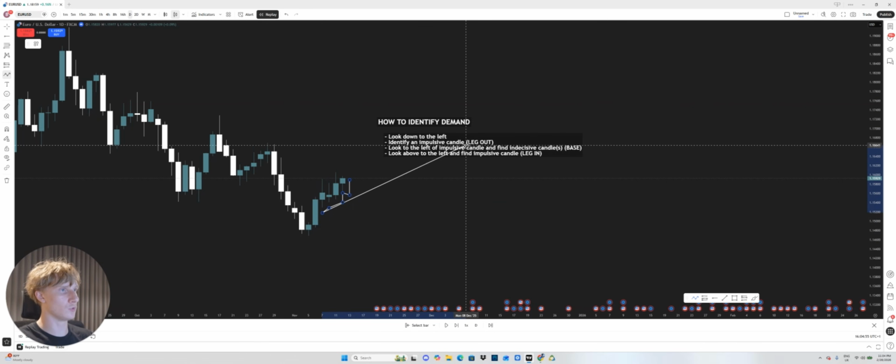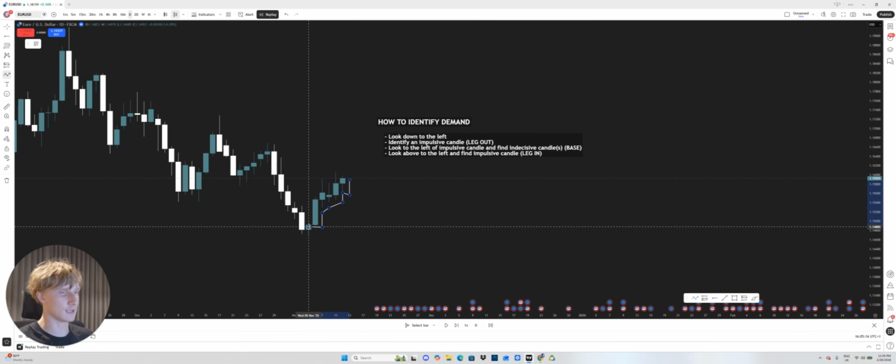Step two, we're going to look to the left of this impulsive candle and find an indecisive candle or candles. So, impulsive candle, look down to the left. Indecisive candle, that's step two, complete. What's step three? Step three, we're going to look above to the left to see if we can find an impulsive candle.